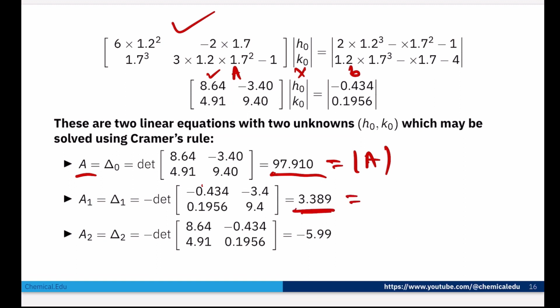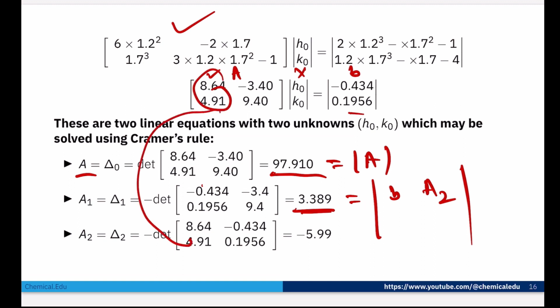Similarly, we change the second column of the A matrix and put in the B matrix. This is the A matrix, and this B matrix goes here. Now we have to find the determinant.